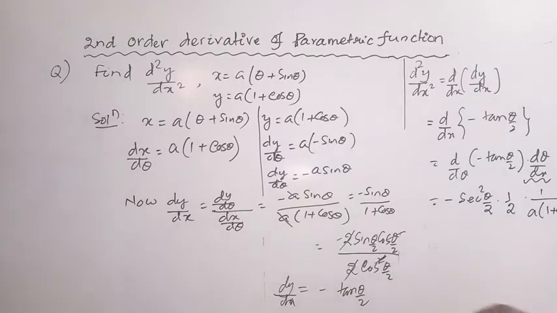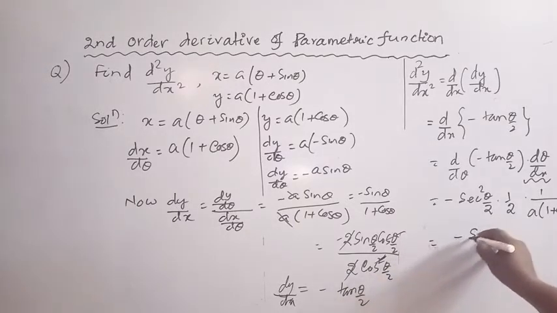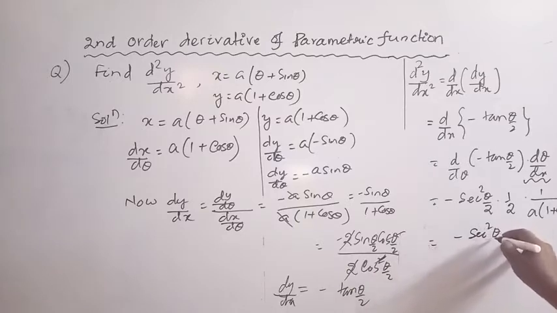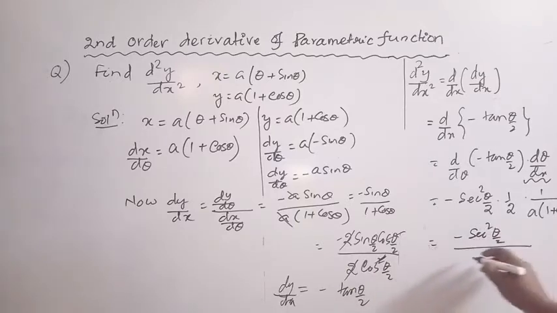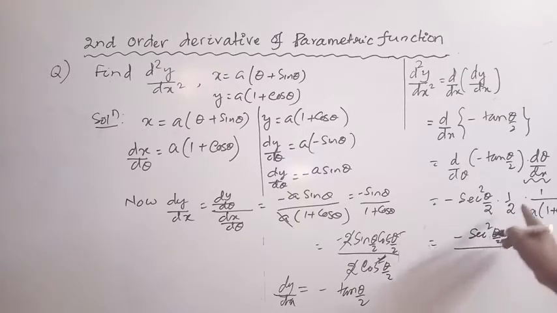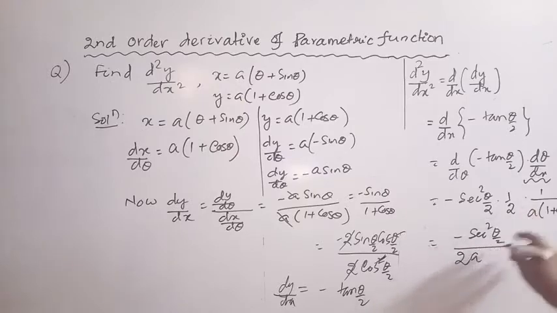This is equal to minus sec square theta by 2 whole divided by 2 into a, and what is 1 plus cos theta? 1 plus cos theta means 2 cos square theta by 2.